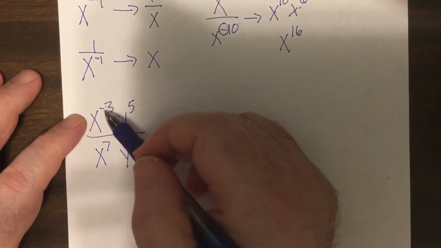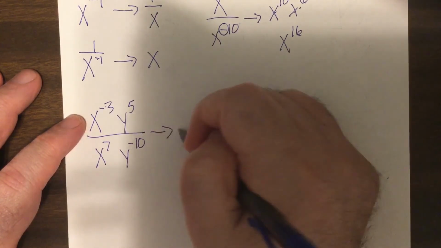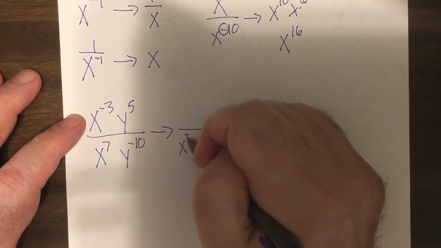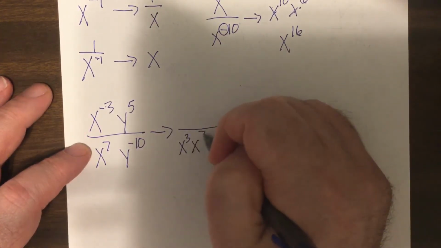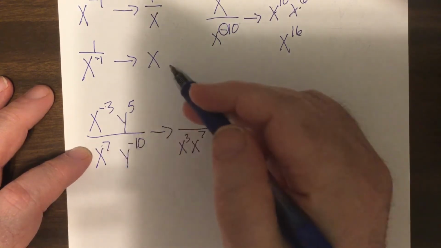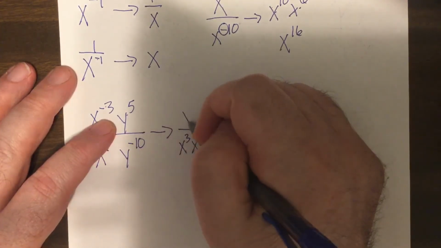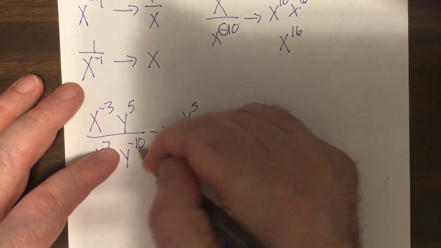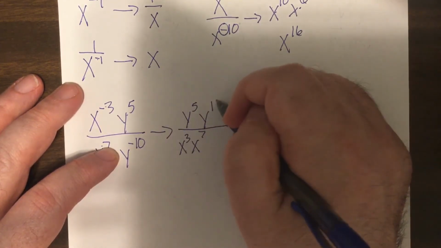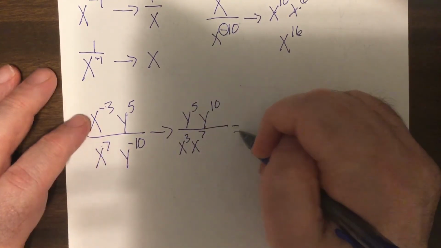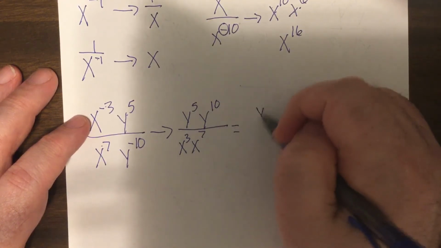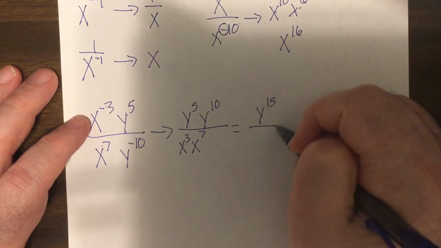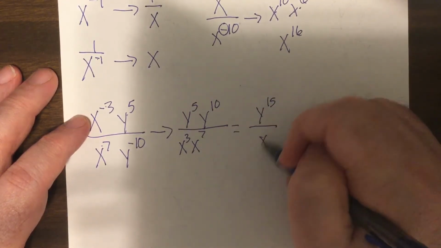So negative power, bring it on down. X to the 7th doesn't move because it's not negative. Y to the 5th, leave it alone. It's not negative. But, oh, that's negative. Move it on up. So this would be y to the 15th, because when you multiply two things with the same base, you add. X to the 10th.